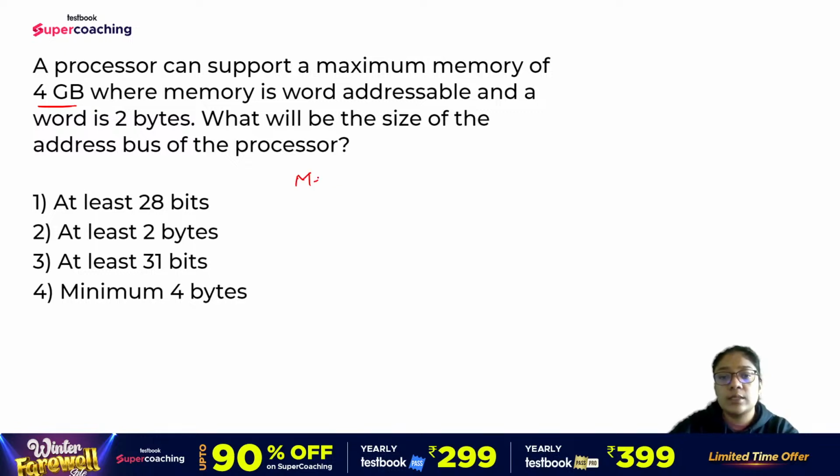Memory supported is 4 GB. We know that 4 is 2 raised to power 2, G is 2 raised to power 30 bytes. So total memory आपके पास 4 GB की है.